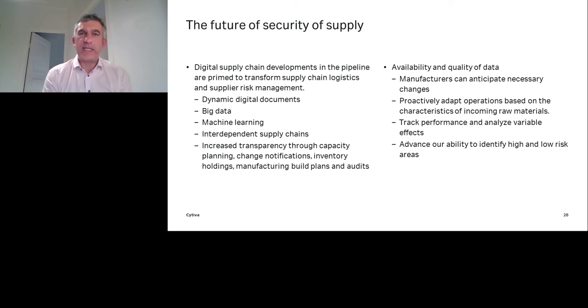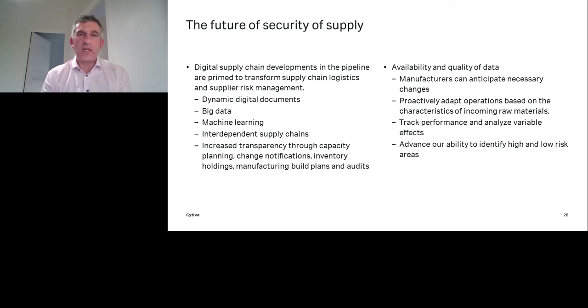We're looking into these with a number of vendors, in particular looking at the use of digital documents, the use of big data, machine learning or augmented intelligence to support our decision making when we have so many components and so many attributes at play.